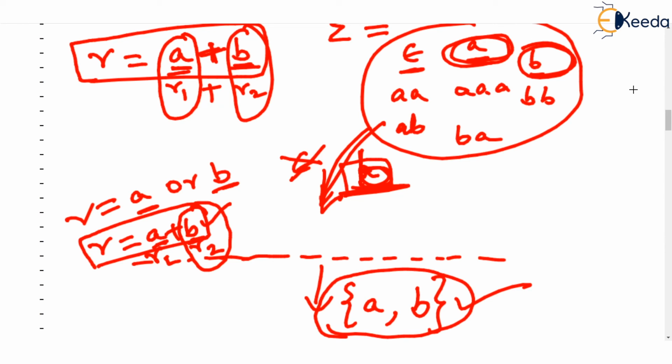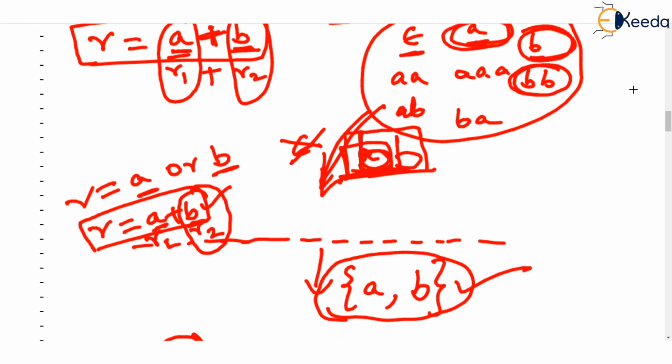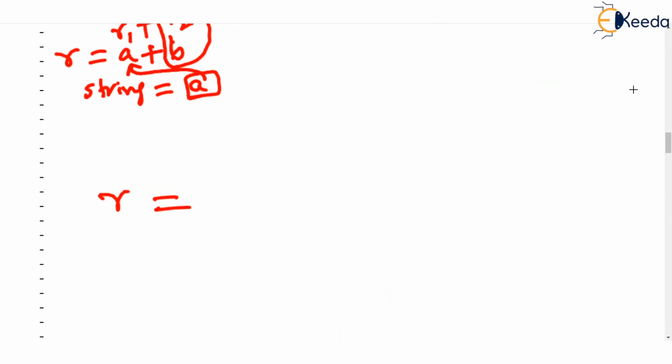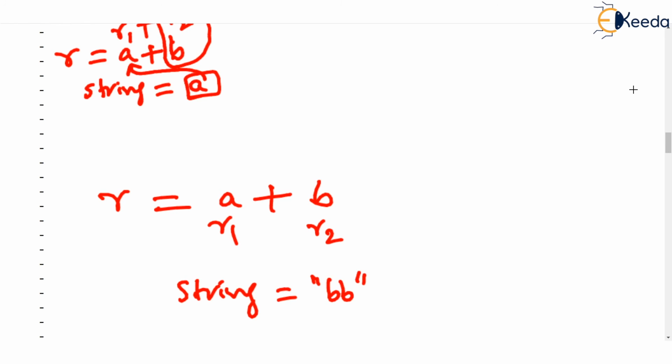Wait. Will this string which I am encircling, BB, be recognized? Will it be going through? No, because BB won't go through, because R is A plus B. You can say this is R1, this is R2, and the string under consideration is BB. Now, this BB never matches this regular expression.